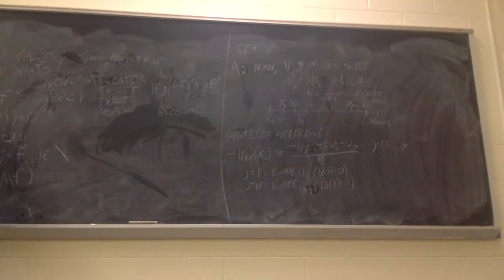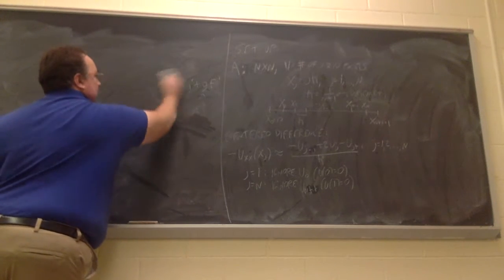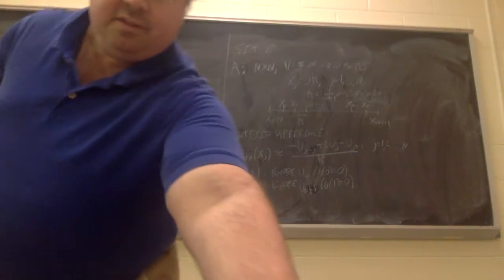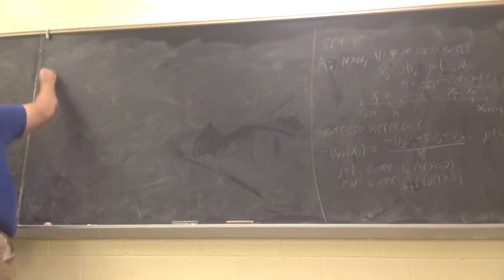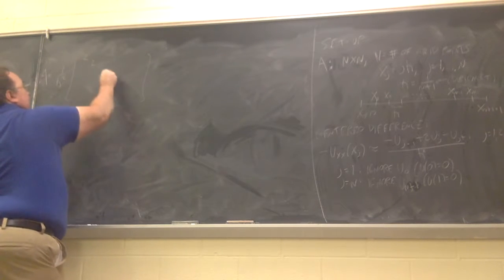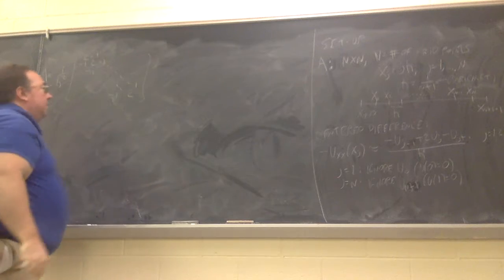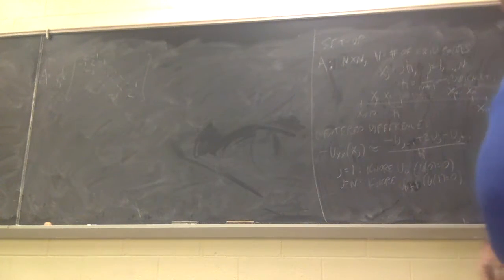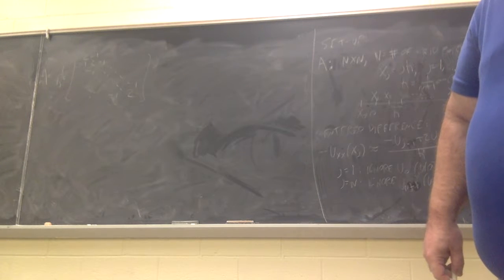So what it'll look like: A is equal to 1 over h squared, 2 is down the diagonal, minus 1 is above, minus 1 is below. So it's a symmetric tridiagonal matrix.